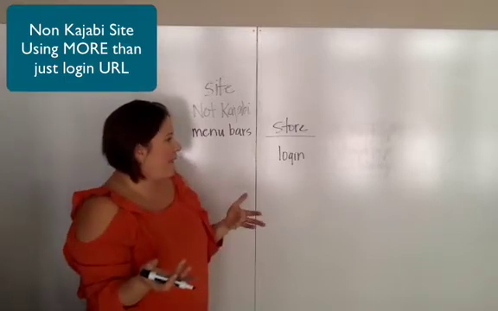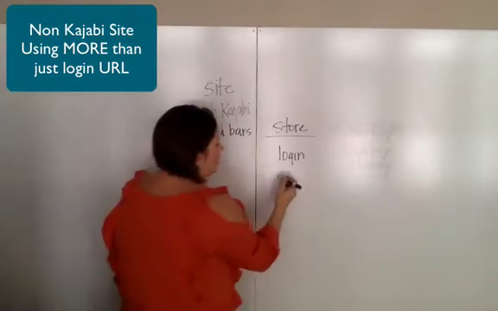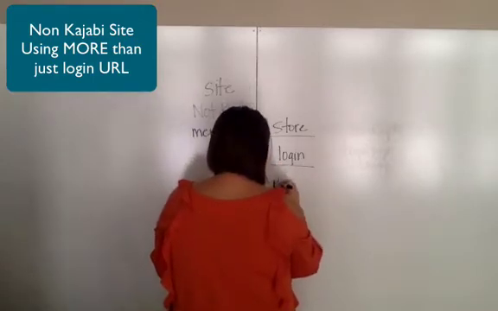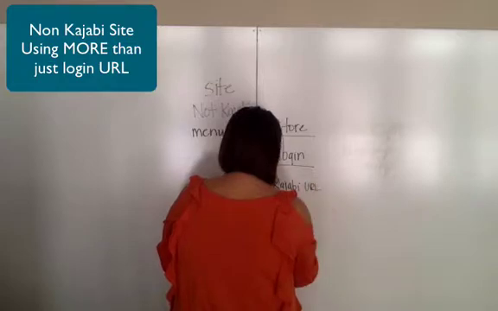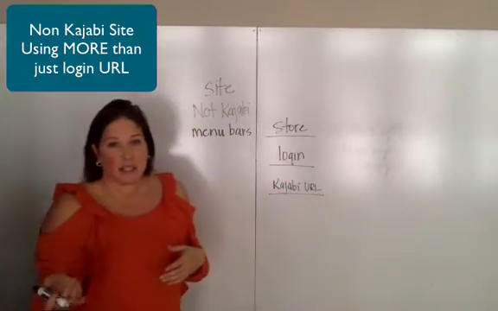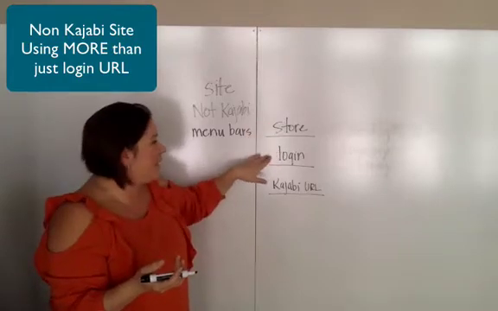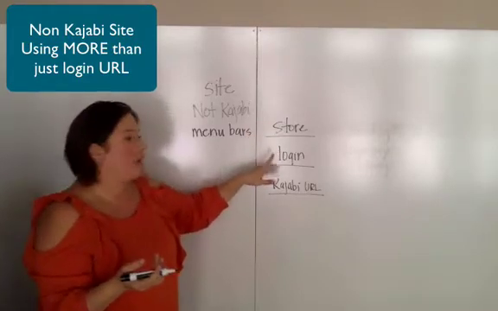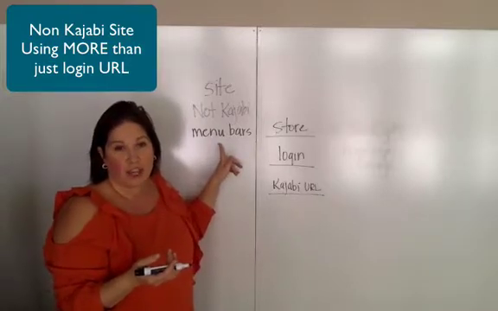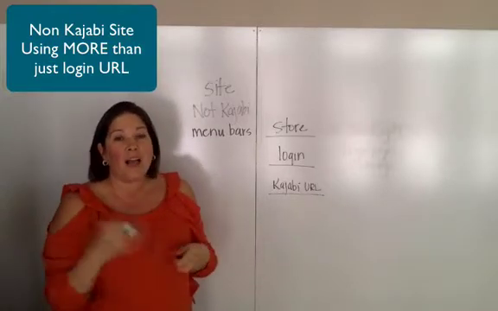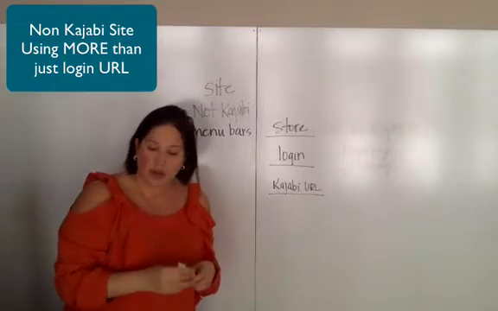And anything else you want to build out in Kajabi, you just need the Kajabi URL, okay? So the two main ways that I've seen and done this for people is they want the store function in addition to the login function, and they want to be showing it somewhere outside of the Kajabi URL. So that's the other way that you simply link your site to your Kajabi website.